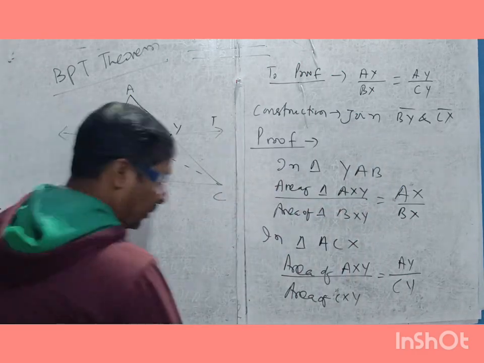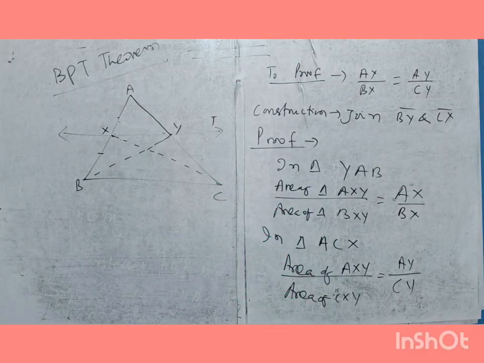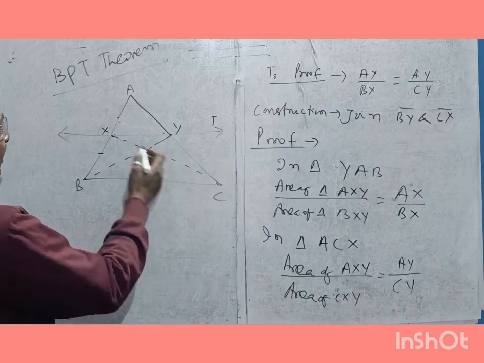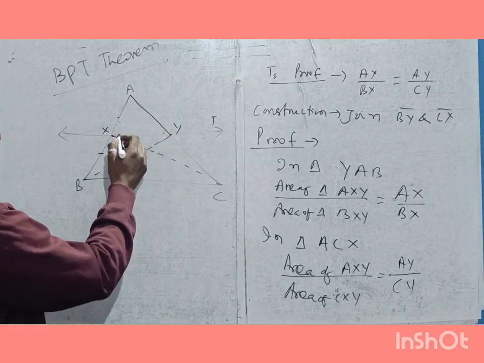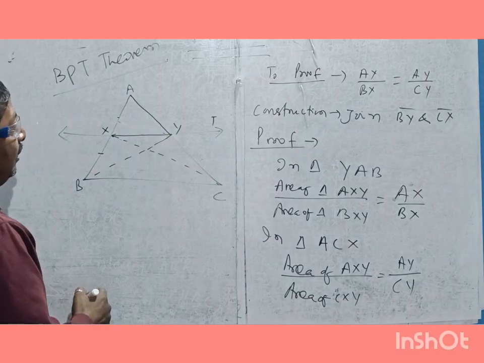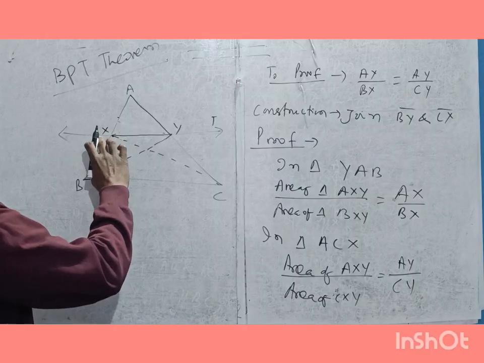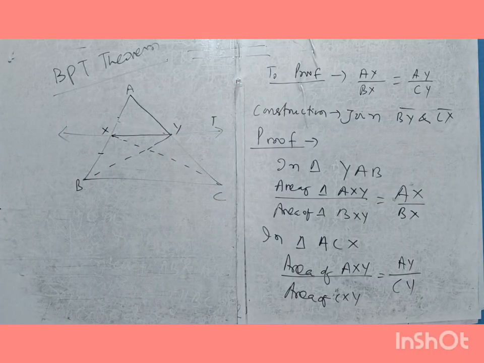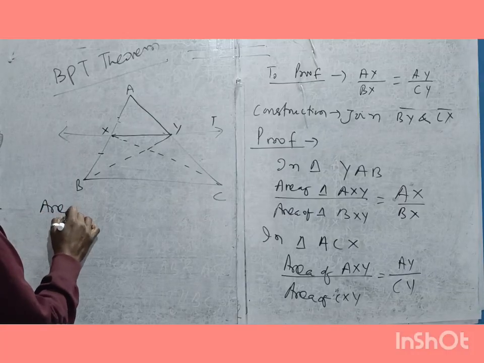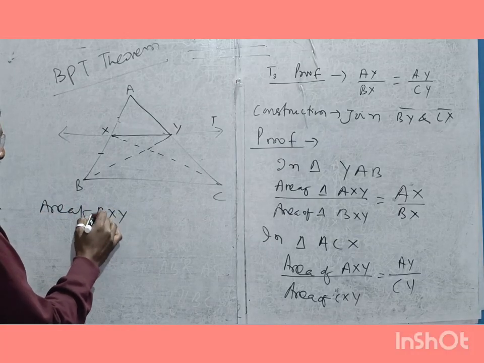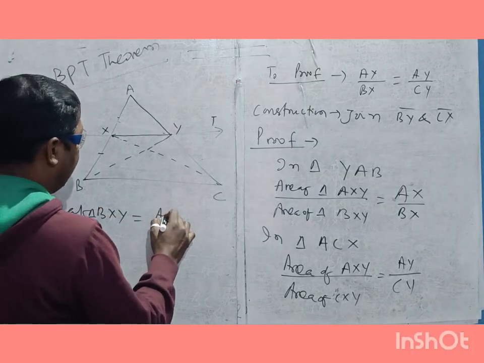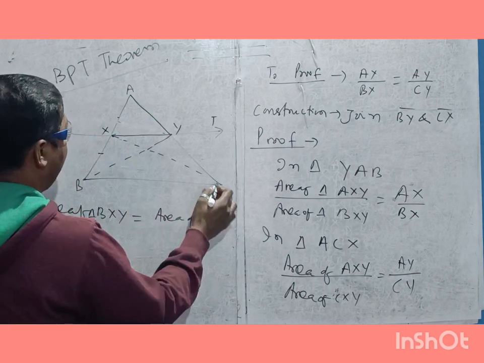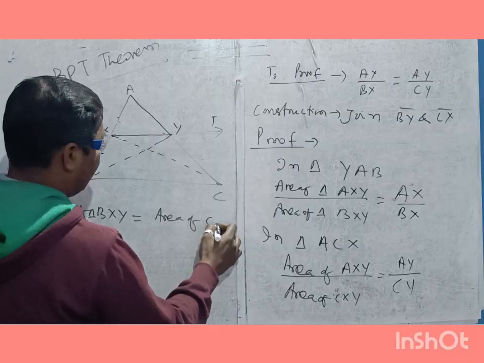See, the same case is present here. These two, BXY and CXY, are present having same base XY and they are between two parallel lines T and BC. It means area of BXY is equal to area of CXY.